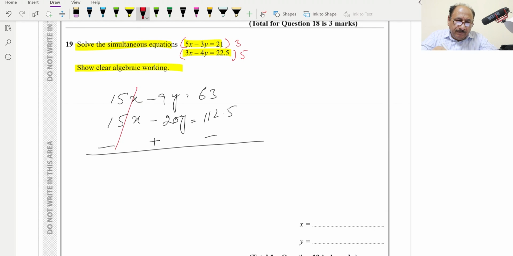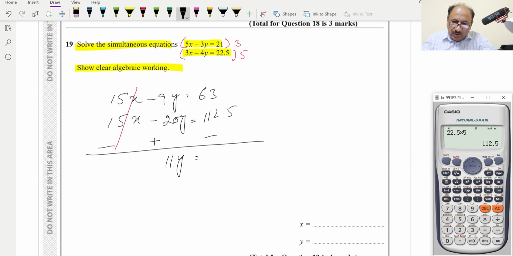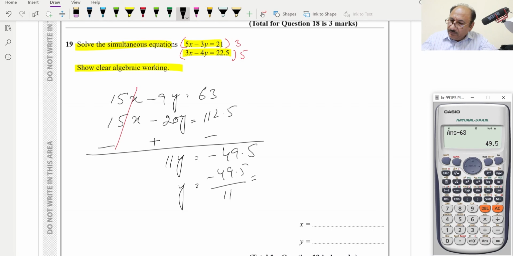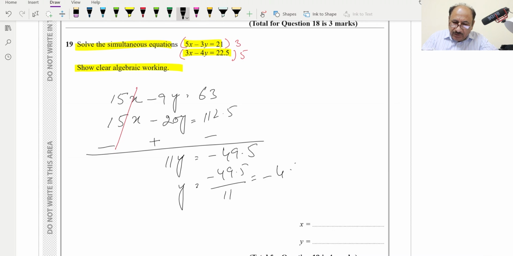This will be cancelled and remaining will be what? 9 minus 9 plus 20 will be 11y is equal to 112.5 minus 63 will be equal to 49.5, sign of the bigger term. So y is equal to minus 49.5 over 11, divided by 11 will be equal to minus 4.5. So minus 4.5 will be y value.